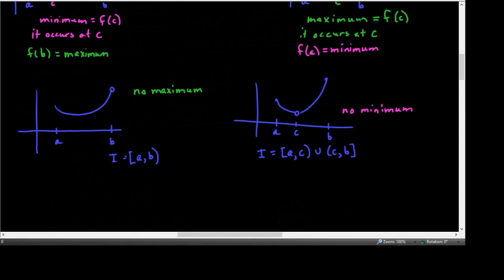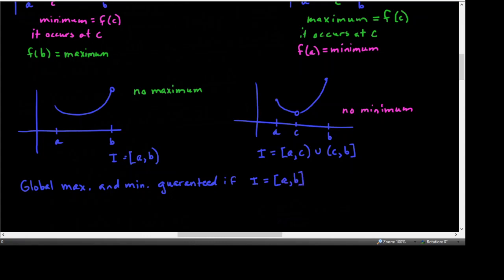So to guarantee that you'll have a global max and a global min, and I will abbreviate these like this, so you may too. If you're writing something about minima and maxima, it's fine if you use the abbreviation. You will have a global max and min guaranteed if your interval is a closed interval.